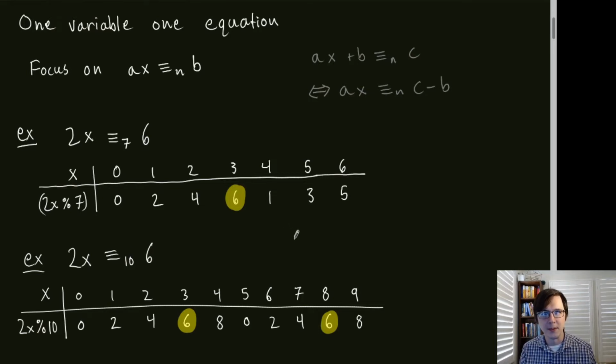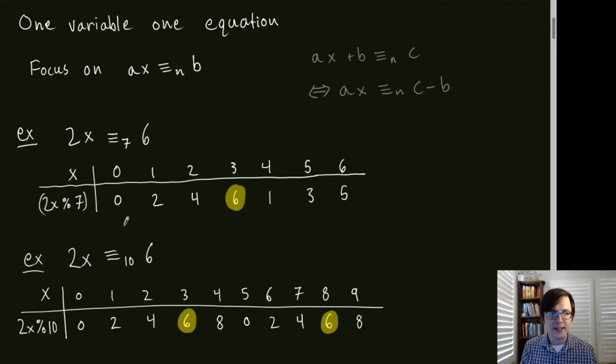So let's just solve it in a brute force way. First of all, since we're solving this modulo 7, we only need to consider various residues of x modulo 7. So solutions, we may as well just consider them as ranging from 0 through 6. And to solve this in a brute force way, what we can do is look to see when the remainder of 2x after division by 7 is equal to 6, which is already equal to the remainder after division by 7.